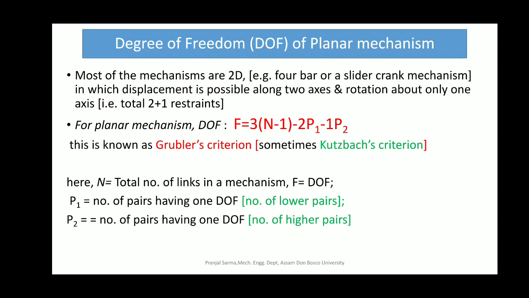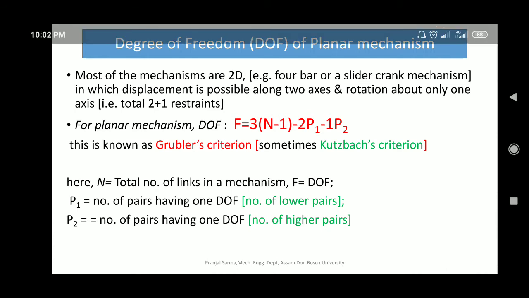One good thing is that at the preliminary level, most of the times we may not even have higher pairs in our mechanism, only pin joints and so on. In that case there will be no higher pair, which means p2 will be 0.